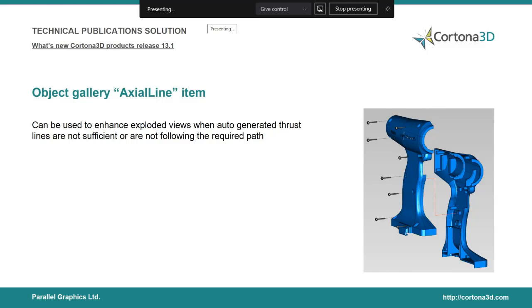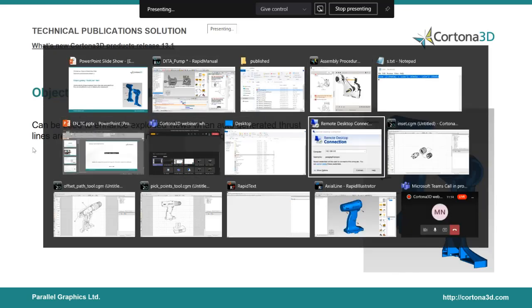With this item, you can actually manually draw those axial lines yourself. Let's have a look here.